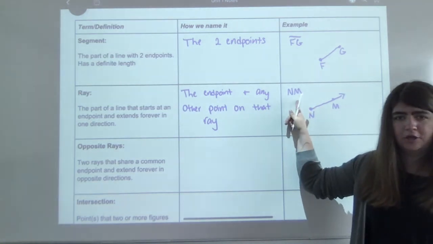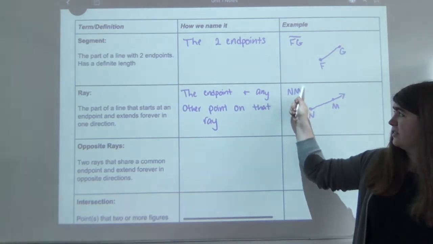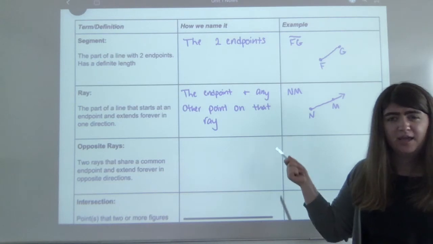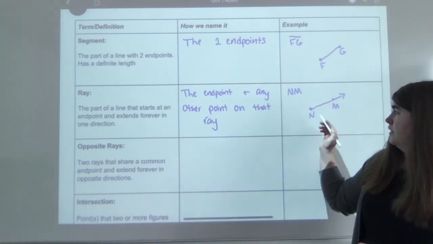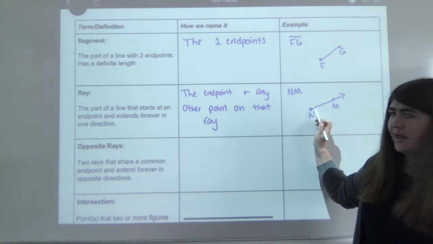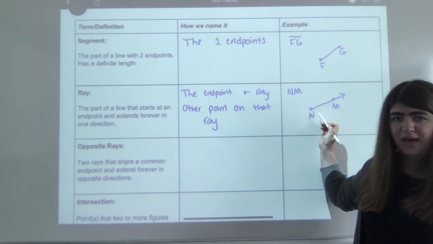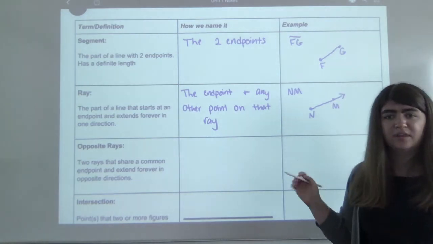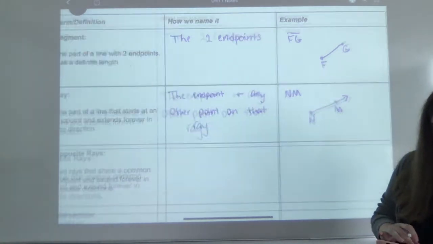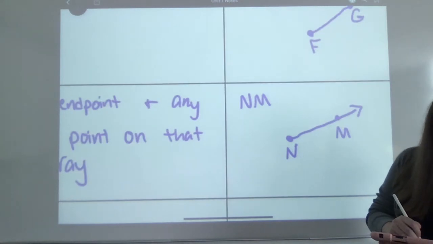Now, in our notation, what notes that this is a ray is again to draw an image of that ray above it. However, the endpoint N has to be a blank side, and there will be an arrow pointing towards the other letter. So on NM, I'm going to draw a bar.